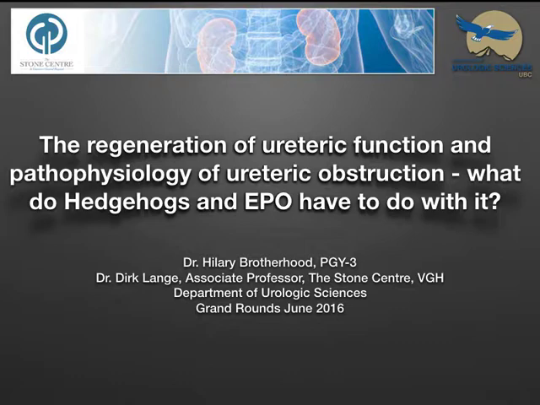The top graph actually represents inflammation of the ureter. So essentially what you can see there is that as inflammation of the stented ureter increases, the expression of GLI1 decreases.